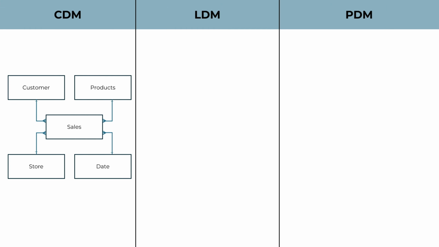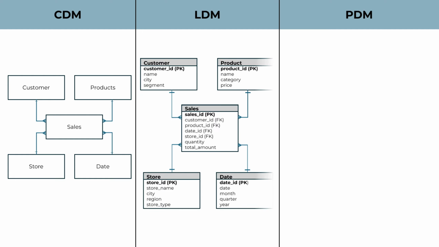You start with a conceptual model, which defines the high-level entities and relationships, in other words, the tables and their links. Next, you move to the logical model, where you define entities in more detail, specify their attributes, and outline the relationships between entities.